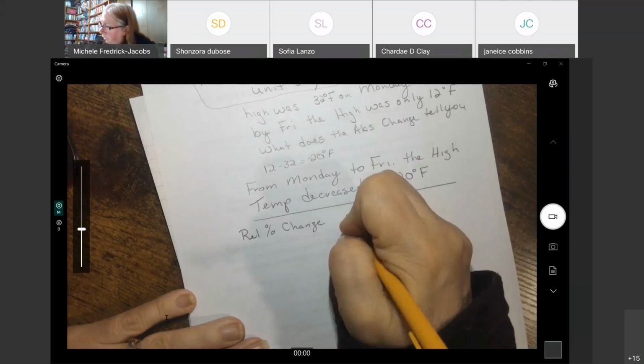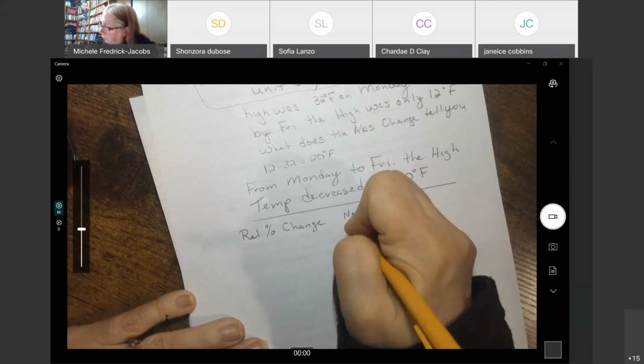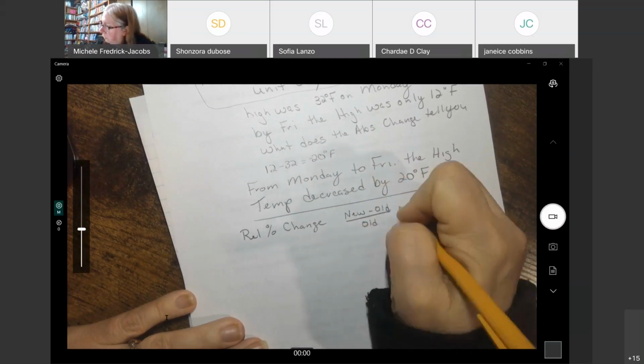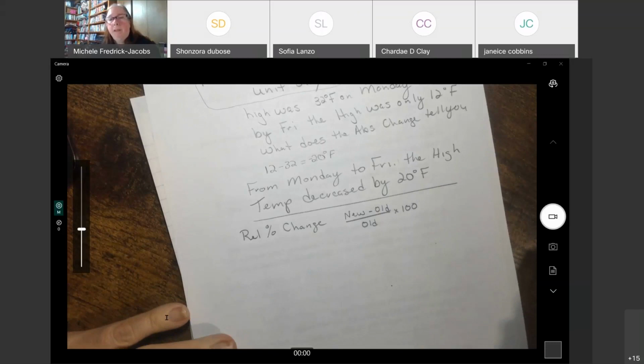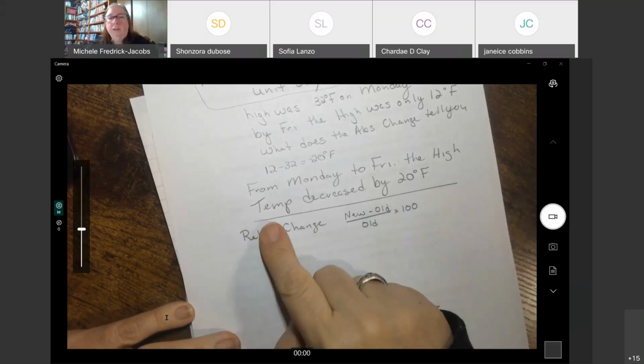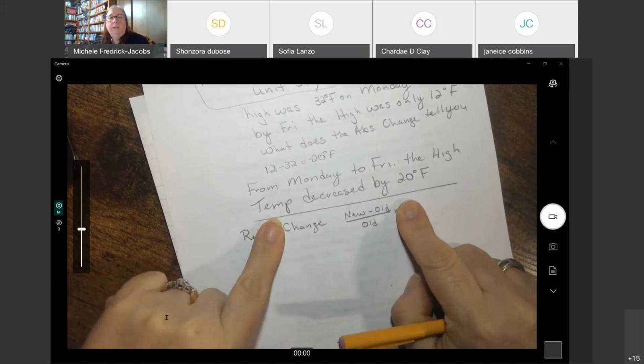Relative percent change, new minus old over old times 100. If it just says relative change, then you don't put the 100. So you might want that also. Relative change is this. Relative percent change.